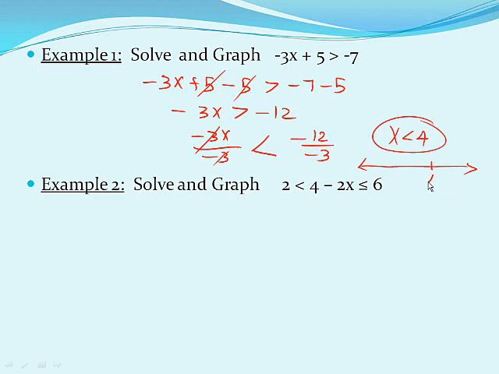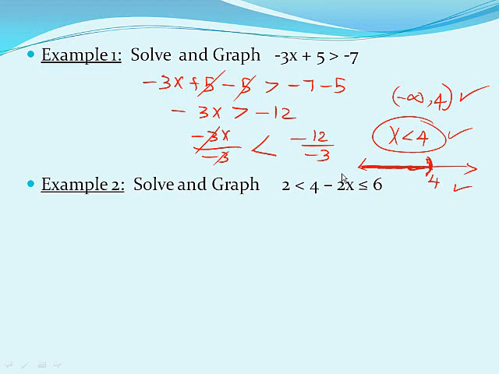For here, this is strict inequality, so we use the open parenthesis. Then we need to shade the left side. Interval form will be (-infinity, 4). So this is the interval form, this is the inequality form, and we do have the corresponding graph here.